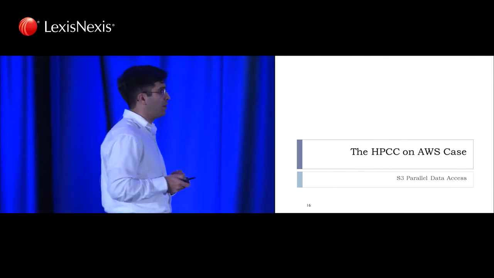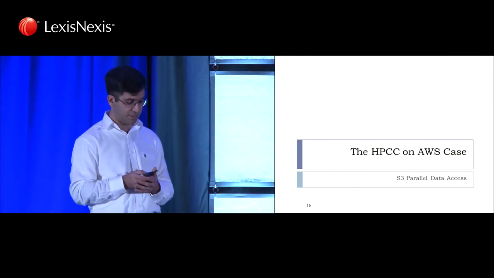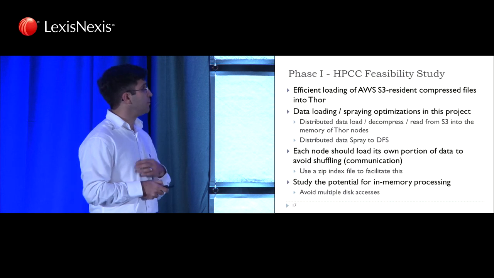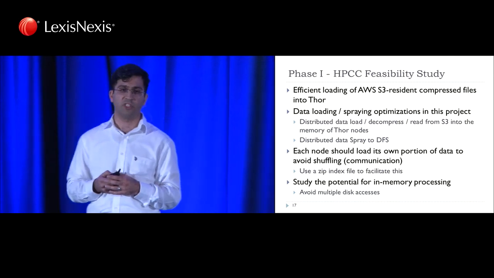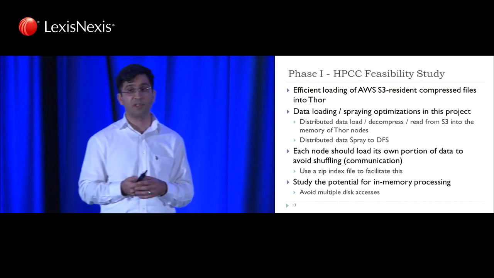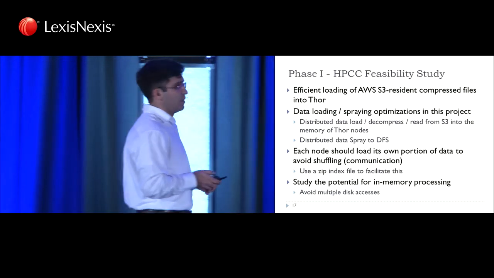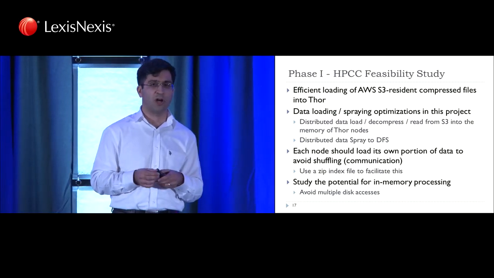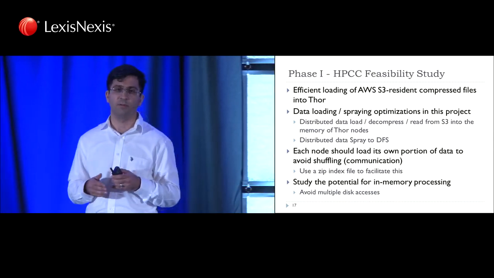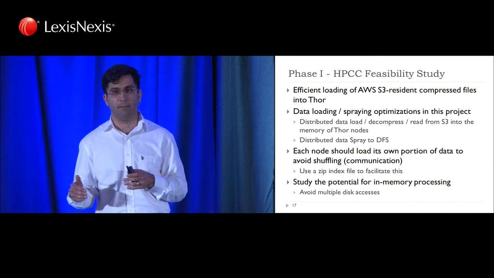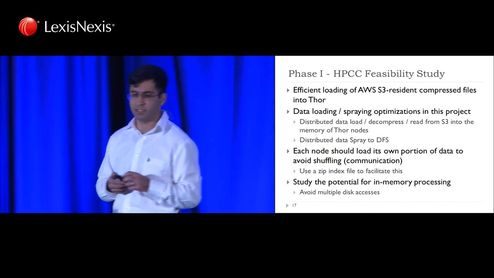And for the particular case of the HPCC on Amazon Web Services, we are trying to do efficient loading of the data residing on a simple storage system, or S3, on AWS. Particularly, the files we are targeting are compressed files that include multiple XML files, each file including thousands of records.